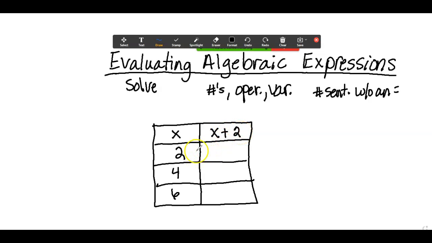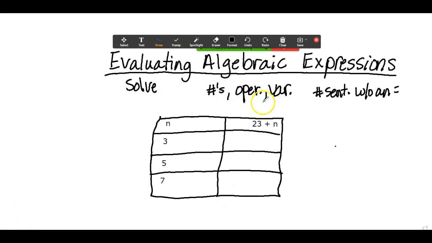Well, all that means is I need to place this 2 in place of the x. Well, what's 2 plus 2? What's 4 plus 2? What's 6 plus 2? And there you are, you have evaluated an algebraic expression. So it's pretty simple. It's really just placing in a number that they give you in place of the variable.